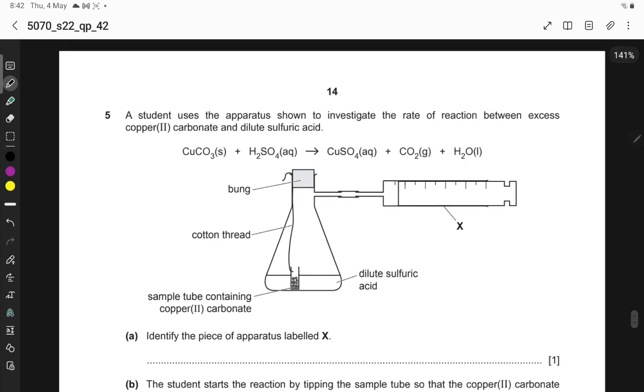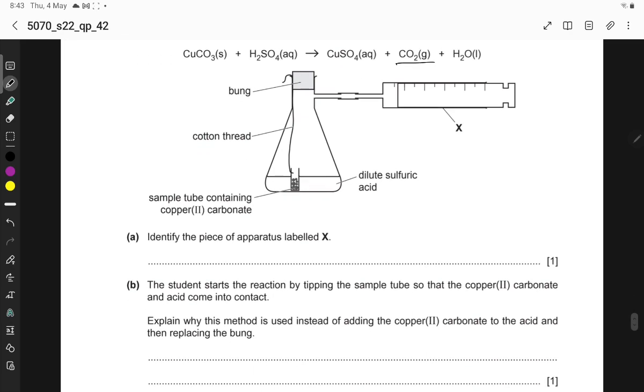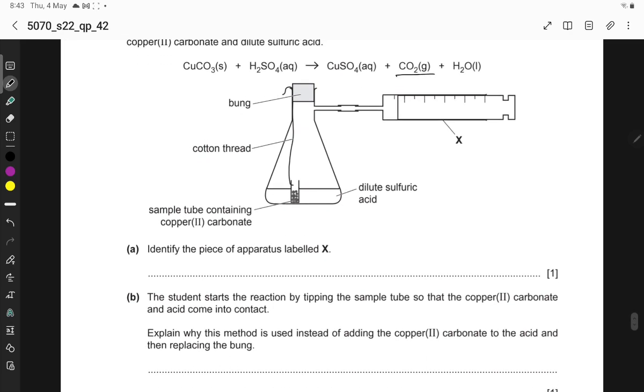The student uses the apparatus shown to investigate the rate of reaction between excess copper carbonate and dilute sulfuric acid. This is the reaction. Carbon dioxide gas is produced. This is the bung, cotton thread, and this test tube containing copper 2 carbonate. This is dilute sulfuric acid. Identify the piece of apparatus labeled as gas syringe.